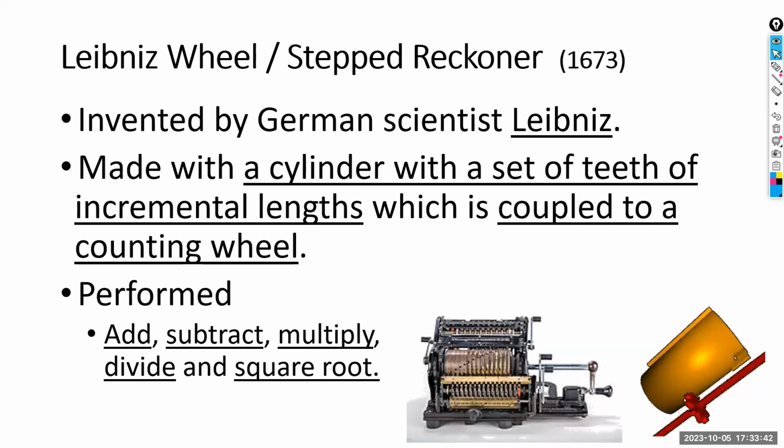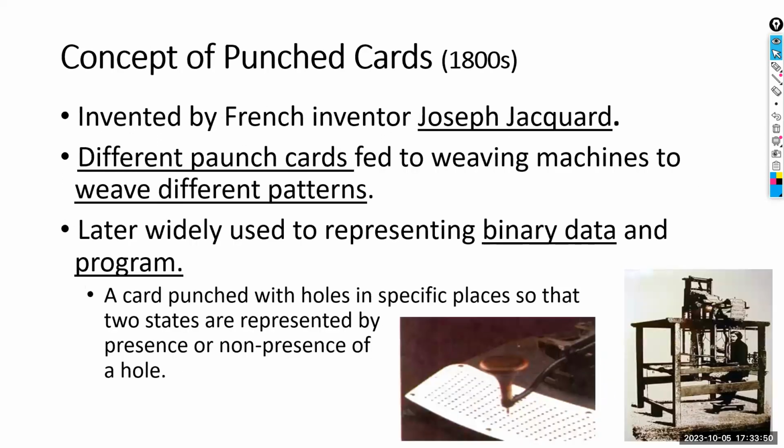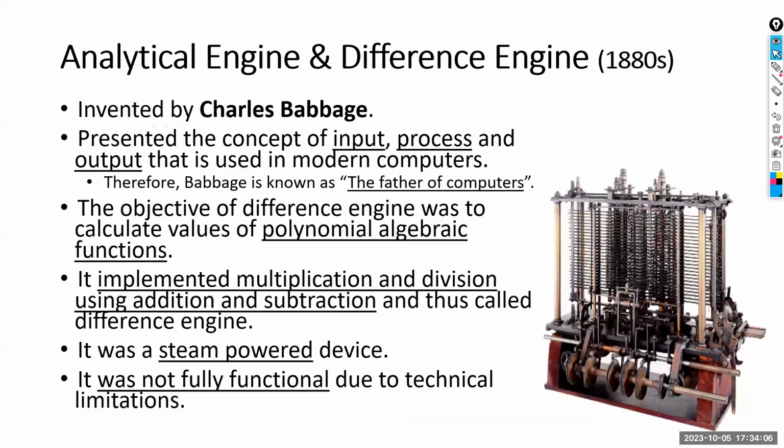Mechanically. Then we discussed the importance of the punch card, Joseph Jacquard, but it was used for a weaving machine rather than computing. Then we discussed the analytical engine and difference engine by Charles Babbage, which had all the components of a modern computer, but it was mechanical.